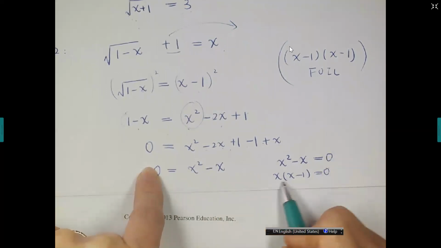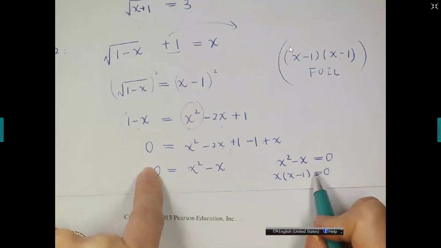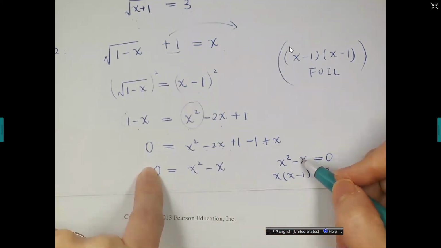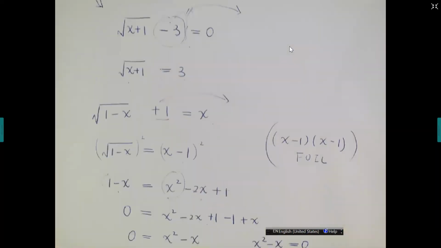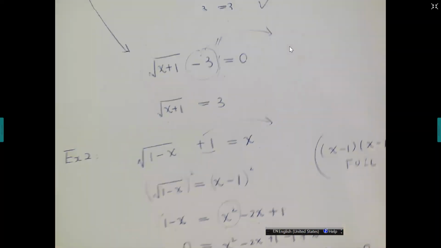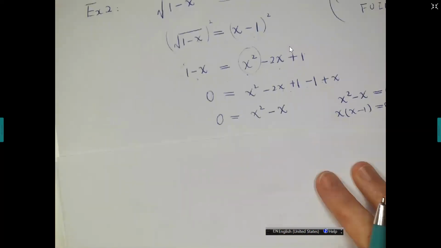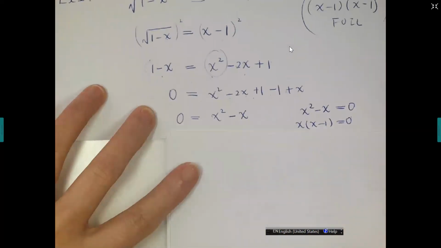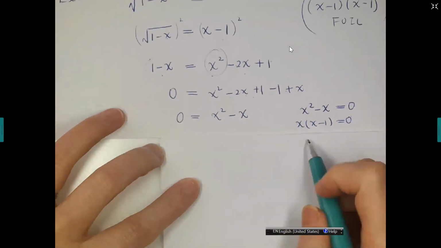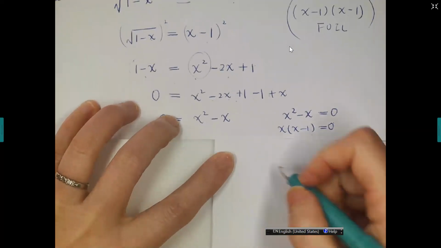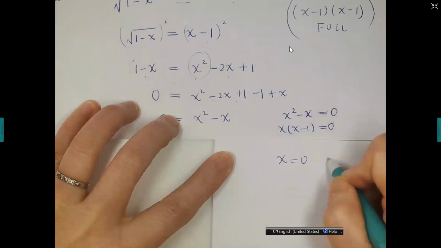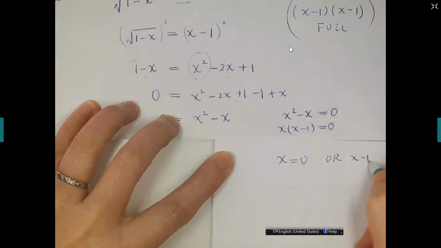When we have two factors whose product equals 0, that means either factor can be 0. So I have x times x minus 1 equals 0. Then I let either x be 0 or x minus 1 equals 0.